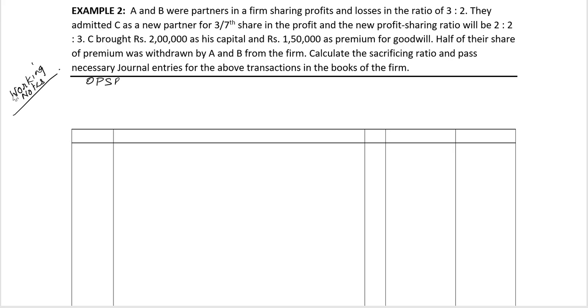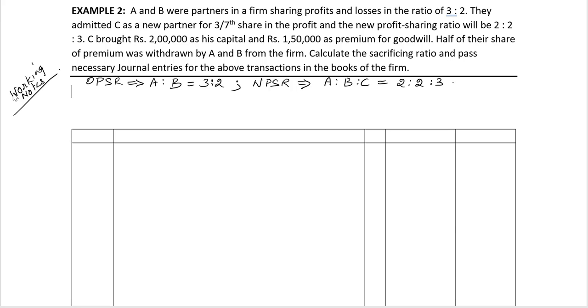Old profit sharing ratio between A and B is equal to 3:2. The new profit sharing ratio between A, B and C is also given as 2:2:3.